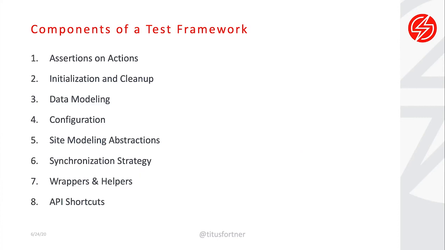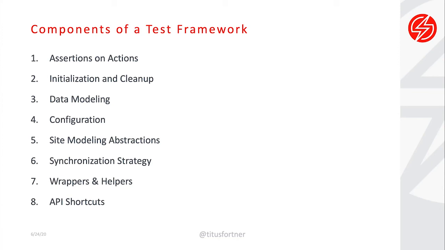And so, yes, I could probably do half an hour to an hour on each of these: assertions, actions, initializing the setup and the teardown, abstracting test data, which is essential, especially for running in parallel, managing your configuration data well, page objects, making sure that you've got some kind of global synchronization strategy.